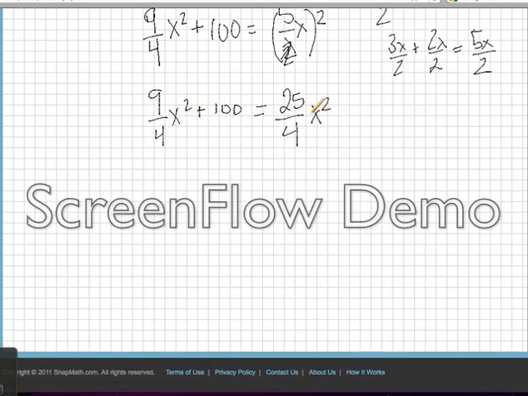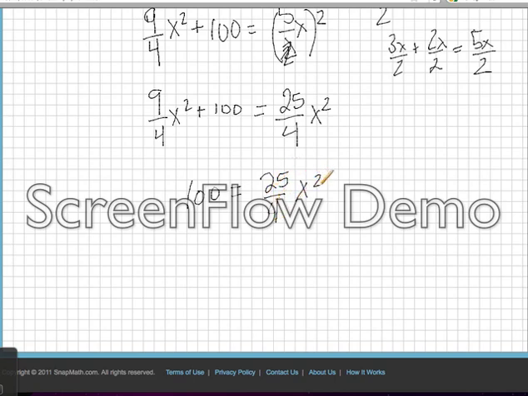I have x squared terms on both sides of this equation, and my goal is to solve for x. So I'm going to start grouping my terms that have x's in them on one side and my terms that don't have x's in them on the other side. So since I have an x term on my left side, I'm going to go ahead and put it on my right side.